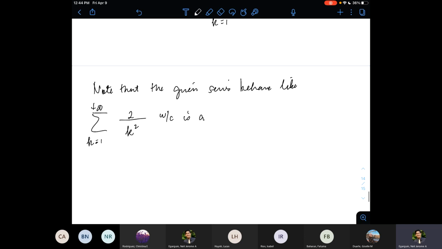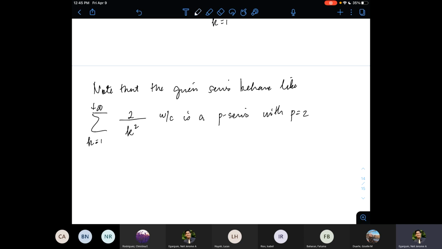It's a p-series. Remember, p-series look like this, 1 over n to the p, where n is the index or the dummy variable. In this case, our dummy variable is k. So the base is k, the dummy variable, then p is the constant exponent, and the exponent is 2. So this is a p-series with p equals 2.